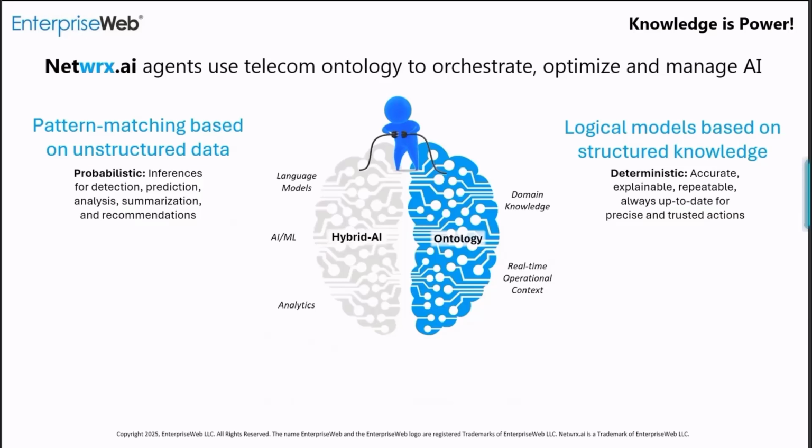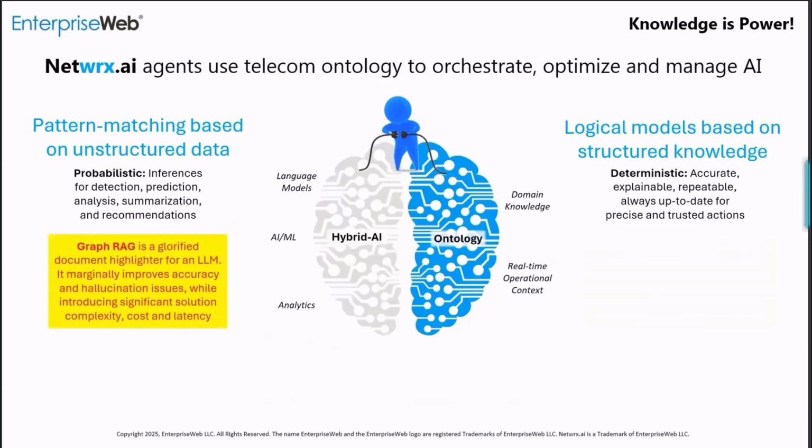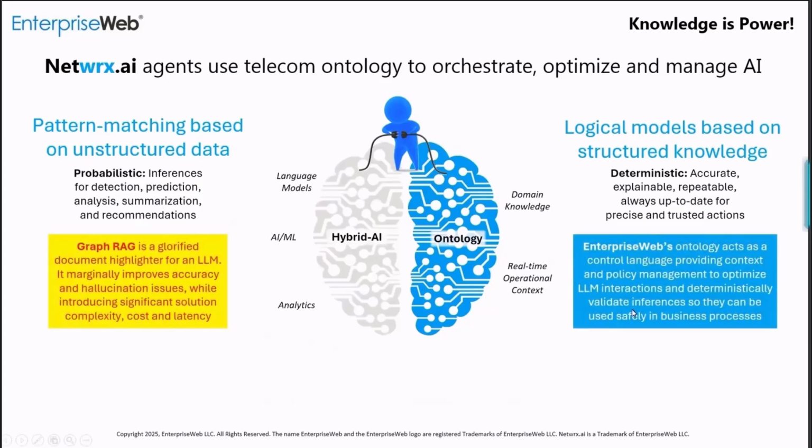And what it does is it allows the ontology to act as a control language over the top of your AI, right? Because the reality is, to optimize your networks using AI, you also need to optimize and orchestrate your AI.